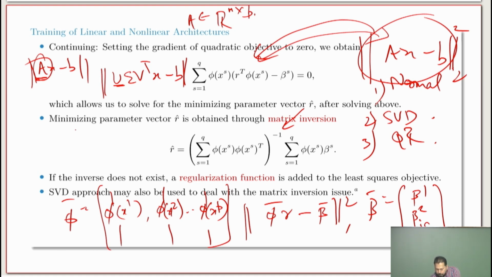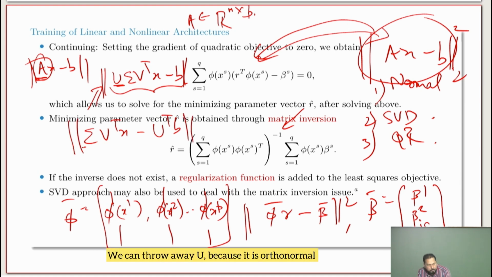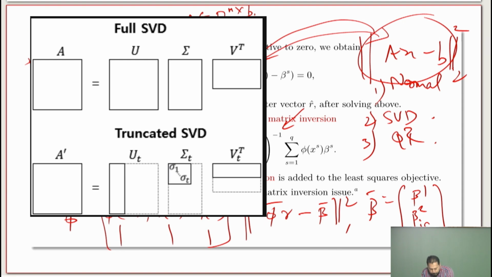There may be some changes one has to make in case A is rank deficient. In this case m is not equal to p, obviously, so we expect that. But when doing SVD, you can take this U common, and U transpose b, assuming that we work with the truncated SVD.